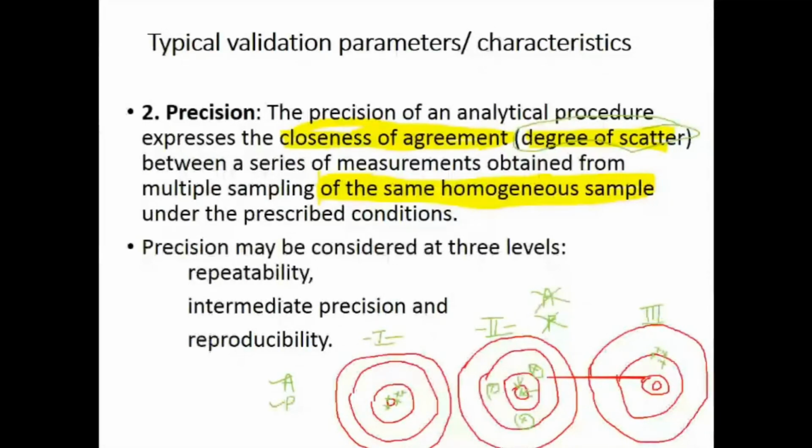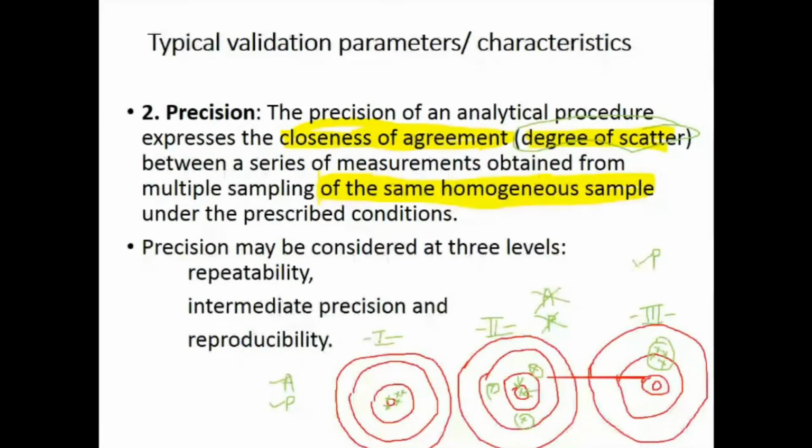Now let us see the third possibility. All 4 points are clustered together, so there is less degree of scattering. If there is less degree of scattering, I can definitely say the readings are precise.